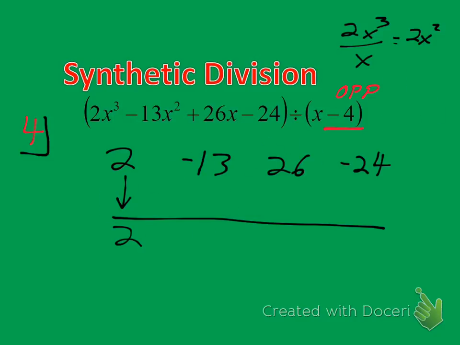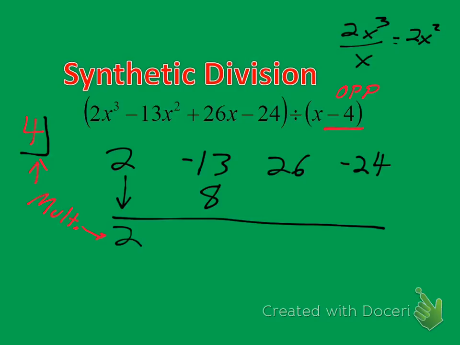Now, here's where the process begins. Every time you bring a number down, you're going to multiply it with negative 4, or positive 4, sorry. So what's 2 times 4? 8. You change the 2 to an 8?